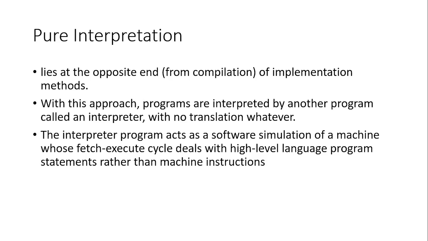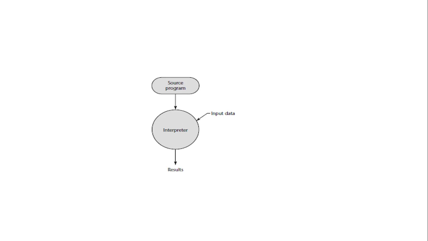For example, as you know, JavaScript or PHP are all interpreted, and these languages are now widely used. The process of pure interpretation is shown here. You have a source program and an interpreter, the input is given to this interpreter, and you get the result.